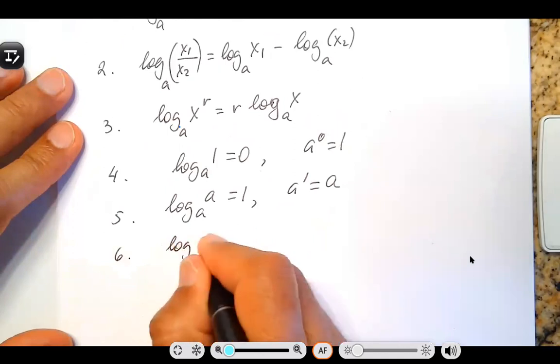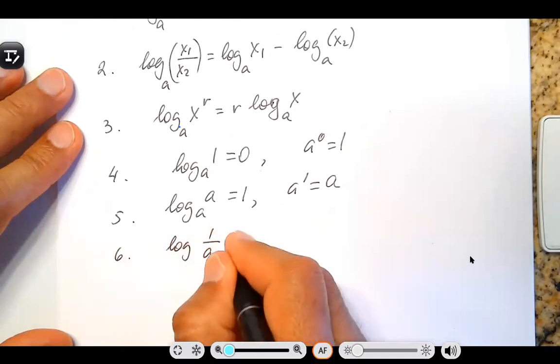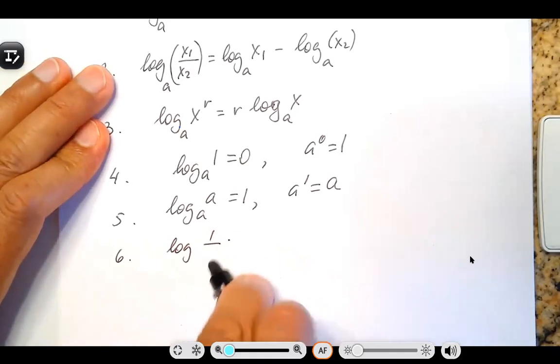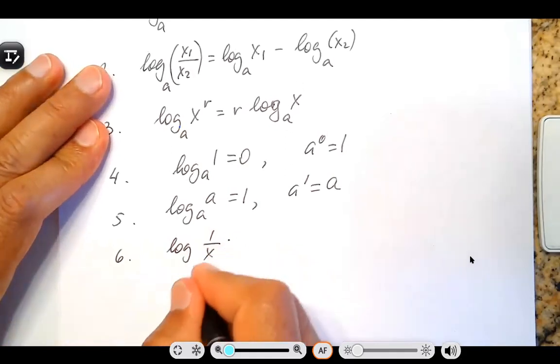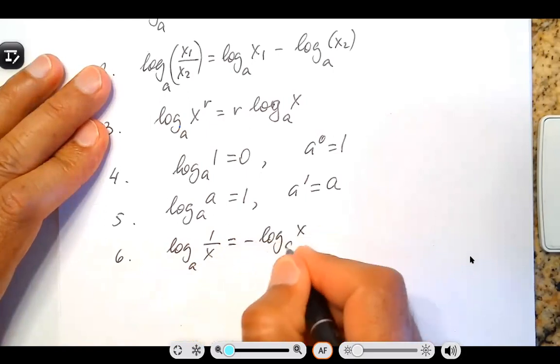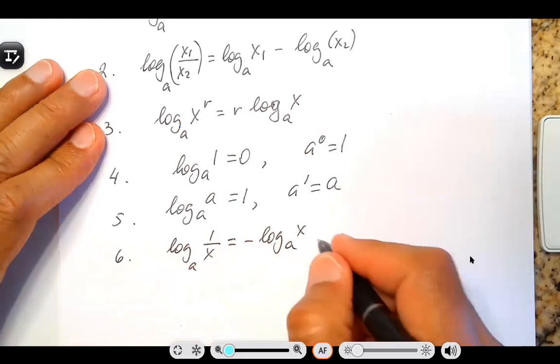Logarithm of 1 over x base a equals negative logarithm x base a, x positive.